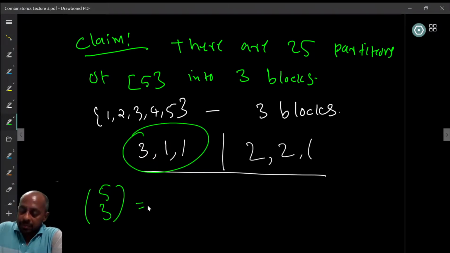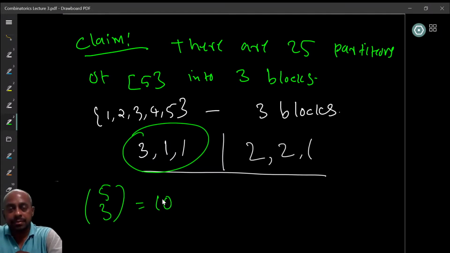What is 5 choose 3? It is 5 times 4 times 3 over 1 times 2 times 3, which is 10. So in 10 possible ways I select this. Then the only choice is to take the remaining 2 elements as singletons. Three elements are already gone, the remaining 2 must be singletons and there is no choice there. So we have exactly 10 possible ways to do this.